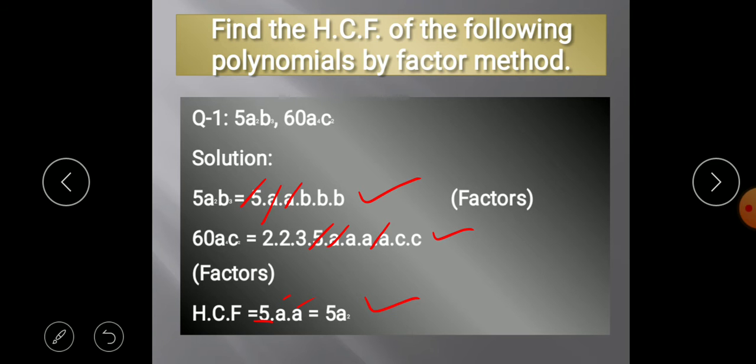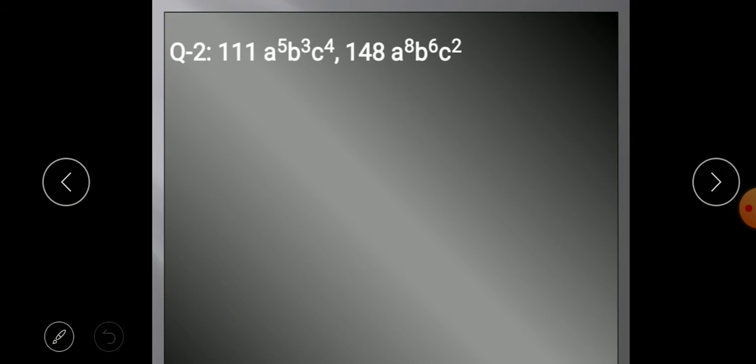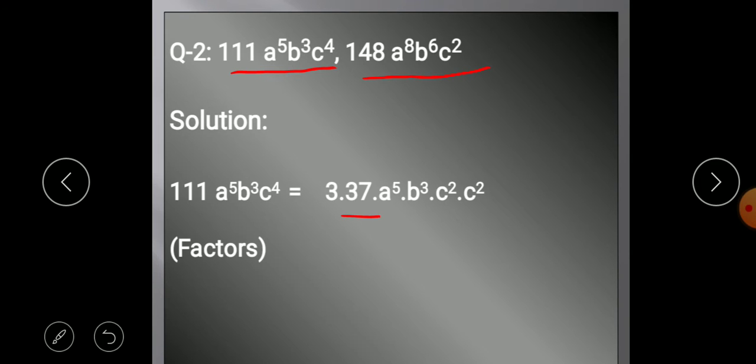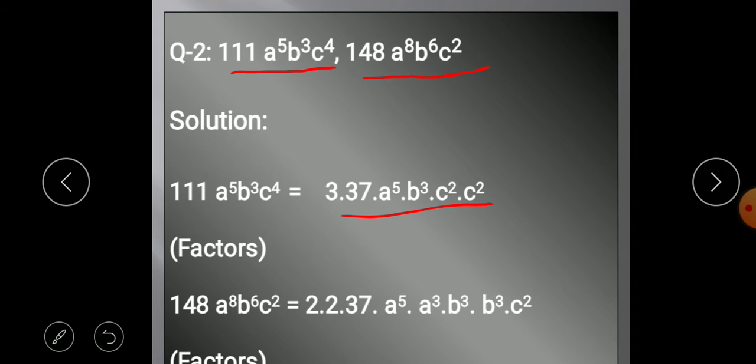Now the second question is 111a5b cube c4 and 148a8b6c square. These are two polynomials. Now we have to find its factors and then the highest common factor. The factors of the first term are given, and the factors of the second term are also given.